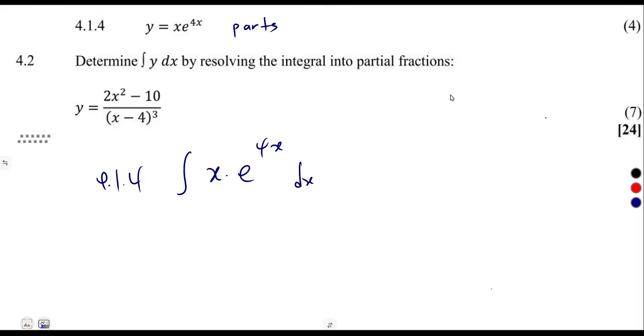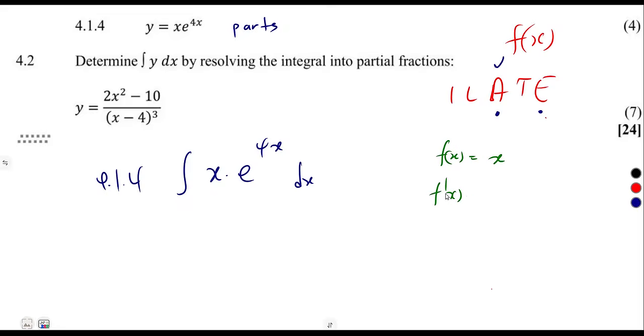So that's our f of x, picked using the order where we have an algebraic and an exponential. The algebraic starts. So it is better for us to have our f of x as the algebraic. So our f of x is going to be x, where we find its derivative, that's 1.